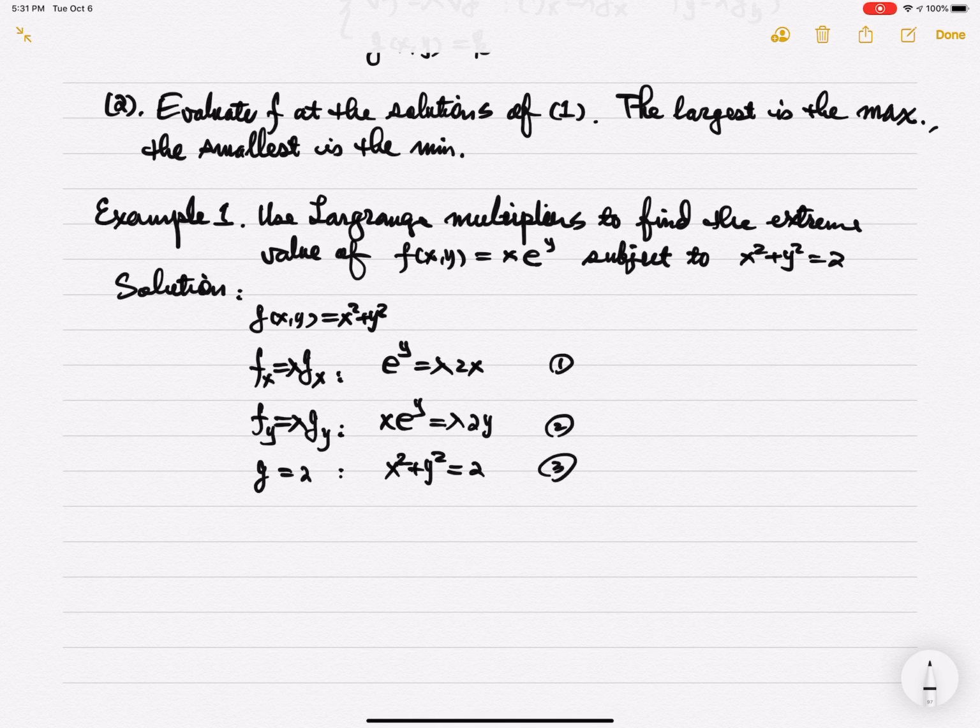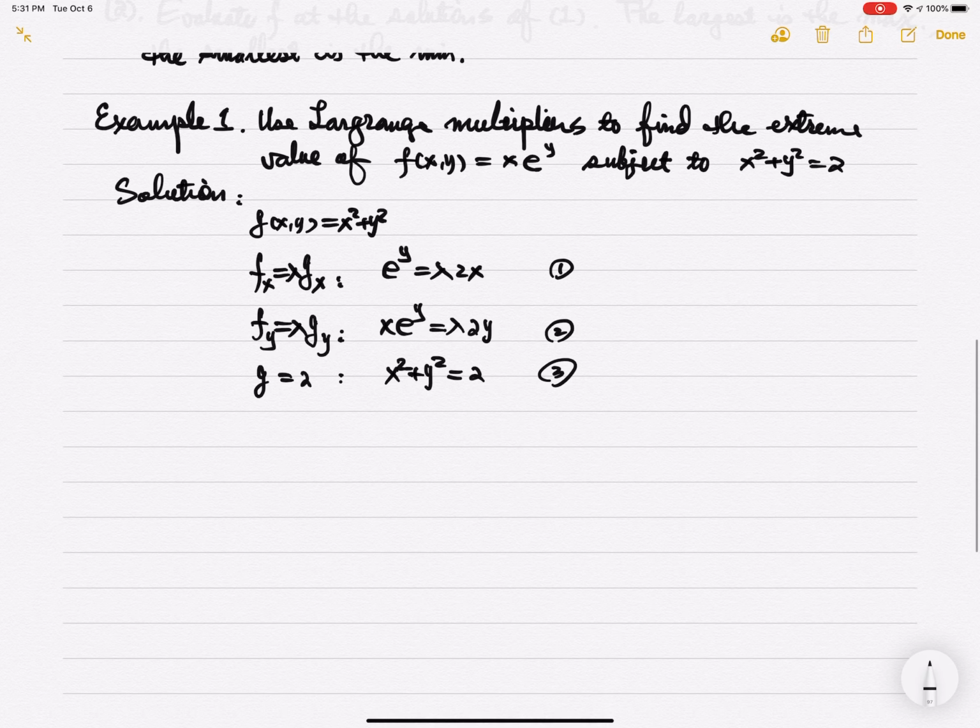How about we substitute equation 1, which is e^y equal to 2 lambda x, into 2. Just replace e^y by lambda 2x. So this is lambda 2y.